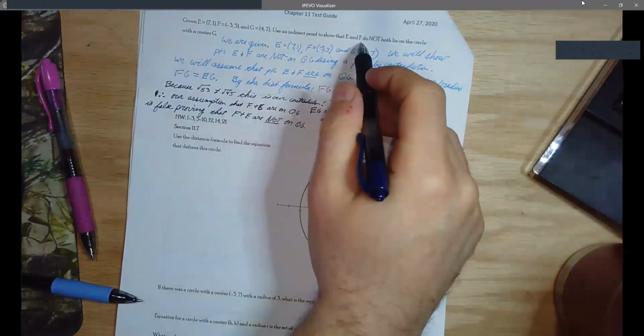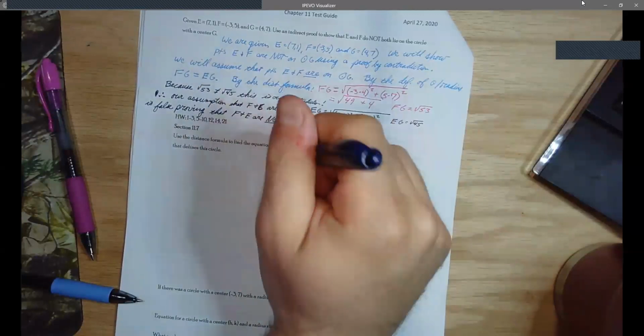Prove that E and F do not both lie on circle with center G. And we did that.